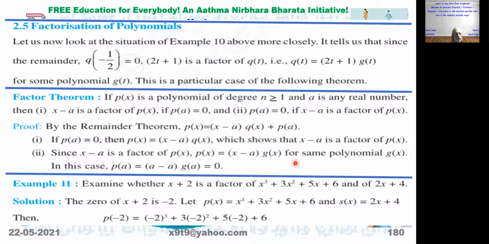So here, this is another problem. Actually in one problem, there are two problems. First, we examine whether x plus 2 is a factor of this. And second, we'll examine whether 2x plus 4 is a factor of this.